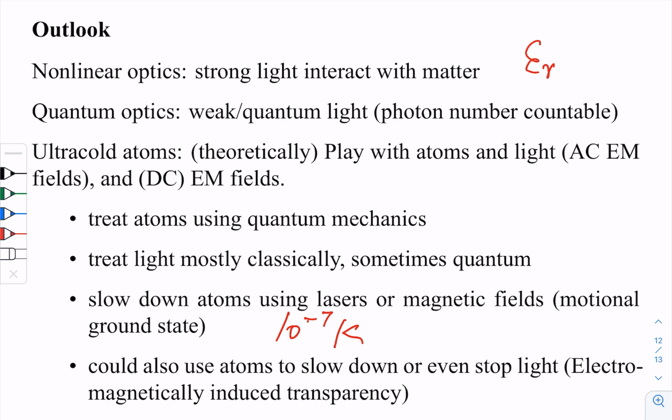Now, once the atoms are slowed down, they will behave like a wave. So we have to use quantum mechanics to describe how the wave behaves.